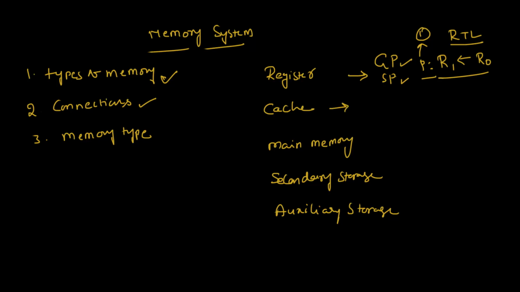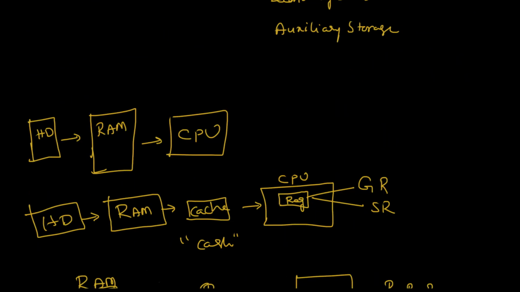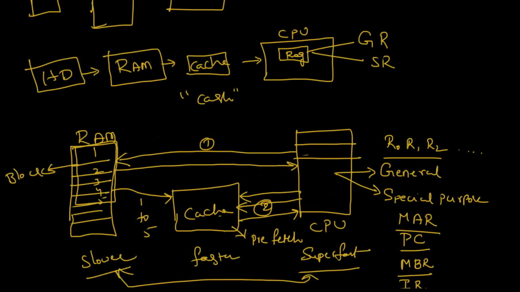Now the cache memory. Cache memory is generally categorized into three types: L1 cache, L2 cache, and L3 cache. L1 is called the level 1 cache, L2 is the level 2 cache. The third cache memory is outside of the CPU chip. L1 and L2 are on the same CPU chip for better performance. Let us go back to the diagram and try to understand the same thing.